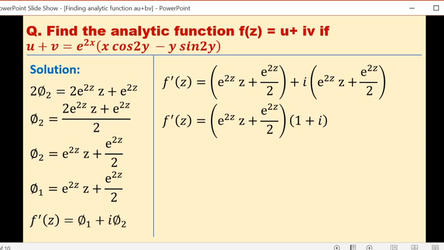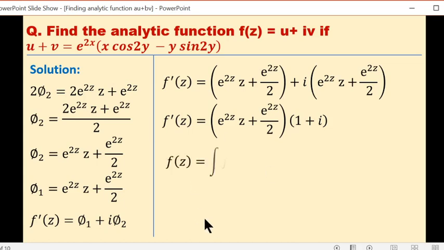Now from this, how to get f of z? Integrate. Okay. Integrate with respect to which variable? z.